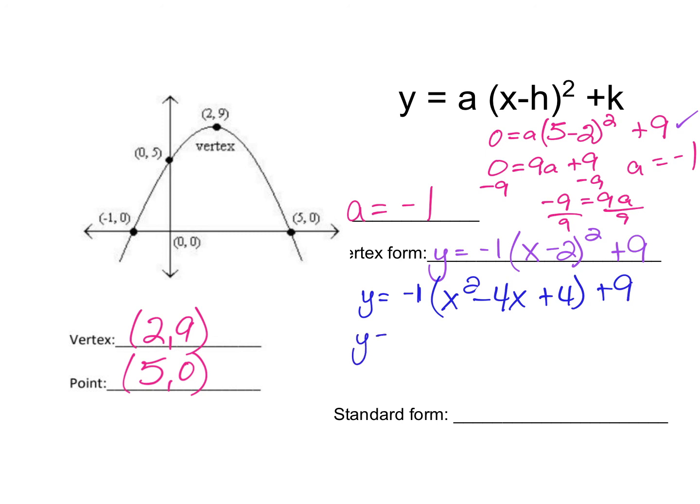So as I continue, I have negative X squared, I'm going to put a 1 there just so we don't forget that, plus 4X minus 4 plus 9. Now to get it down to what we need would be a plus 5.